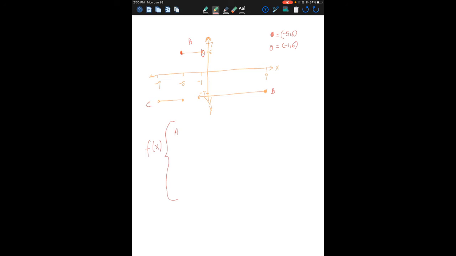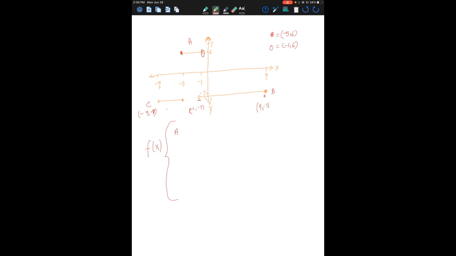And then let's look at B. What is that telling you? The shaded part right here is the value negative 9, negative 7. That's included in the function. The empty part here is the value negative 1, negative 7. That's not included in the function because that's empty right here. Let's look at function C. You have negative 9, negative 7, which is not included in the function.